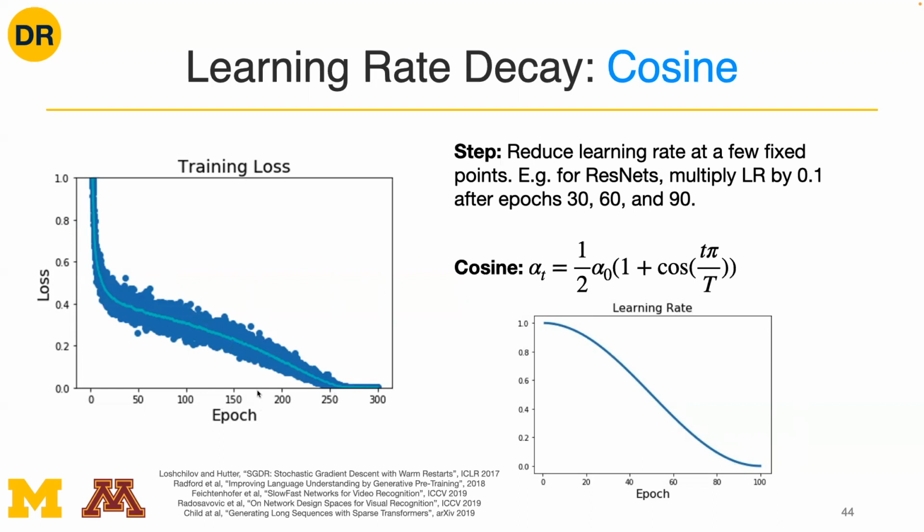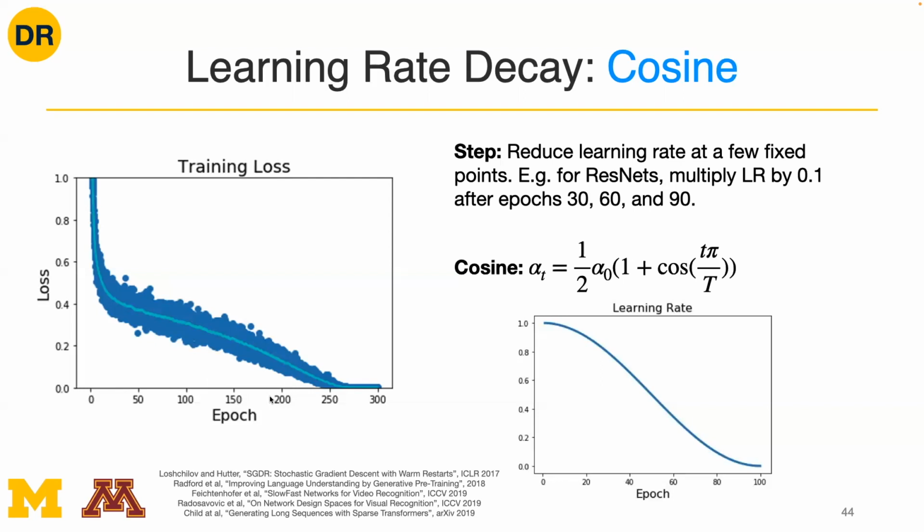And typically with a cosine learning rate decay, you'll see loss plots that look something like this. Notably, this scaled version of cosine starts at 1, so that's going to give you alpha 0, and then it's going to go all the way down to 0. So at the very last training step, according to your total number of training steps, capital T, your training will sort of be stopped by the fact that your learning rate will then be 0.